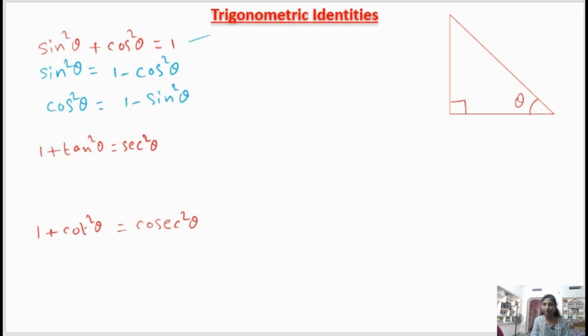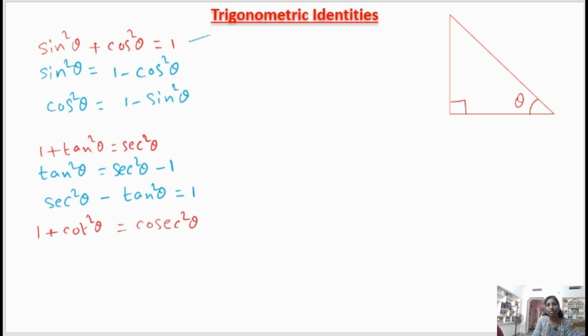Similarly, the second identity we can write as tan square theta is equal to sec square theta minus 1, and sec square theta minus tan square theta is equal to 1.